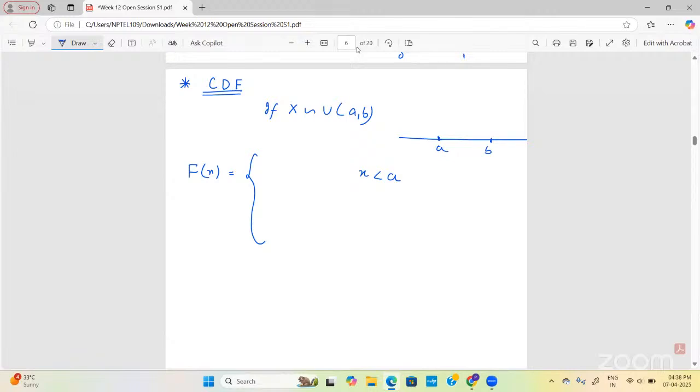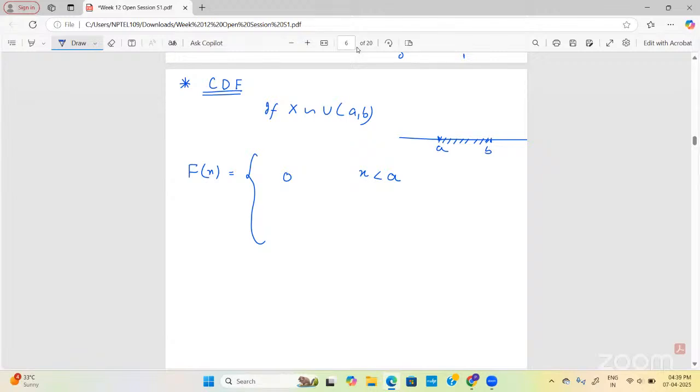It should be 0. Why? Because the PDF is defined in the range A to B only. So the PDF will be 0 if X is taking value below A, and if the PDF is 0, then you integrate it, it will be 0 only.